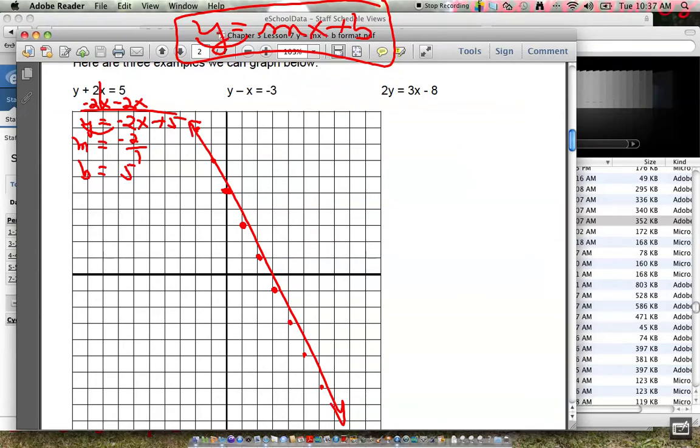Take a look at the next one. Y minus x equals negative 3. What's wrong with that? You should know, because we just did an example exactly like it. What is wrong with it, Chelsea? It has minus x, right? What is it supposed to say every single time? Y equals. Does it say y equals?